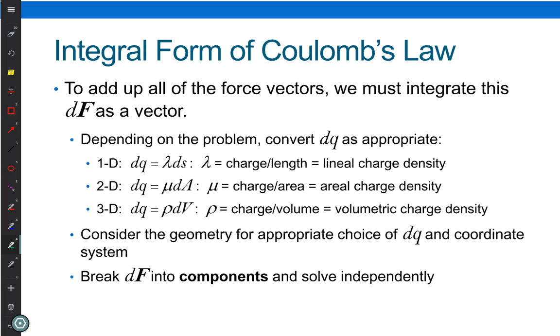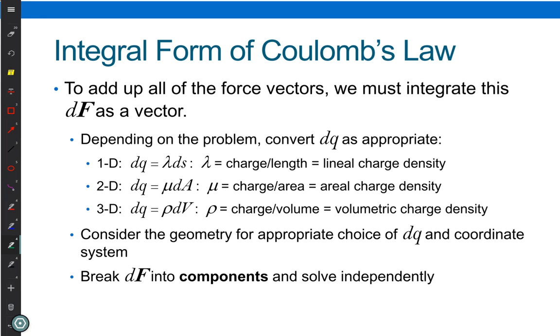So how we use it is first, depending on the dimensionality of your charge distribution, right? Your problem's probably going to be a three-dimensional problem, but your charge distribution could be spread out over a line of charge, spread out over a sheet of charge, 2 dimensions, or spread out over a volume, 3 dimensions. So you have 3 different ways of doing it.